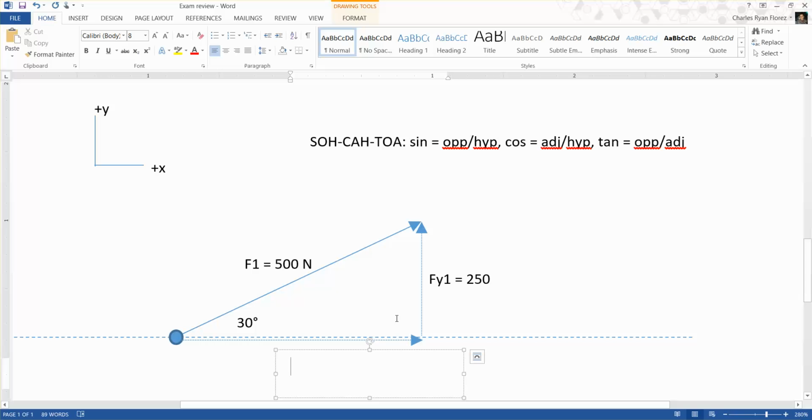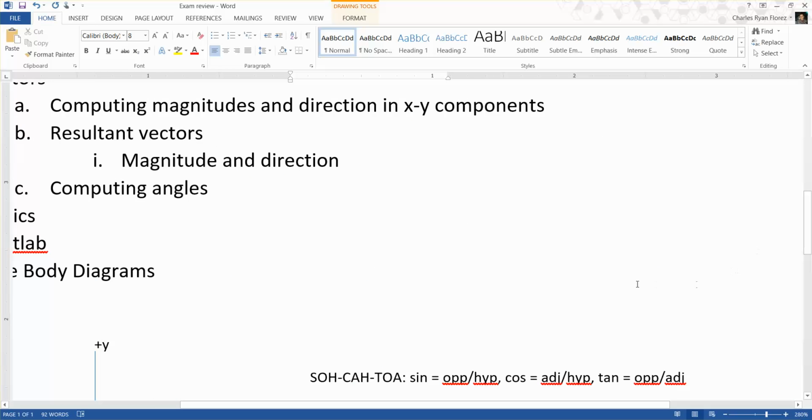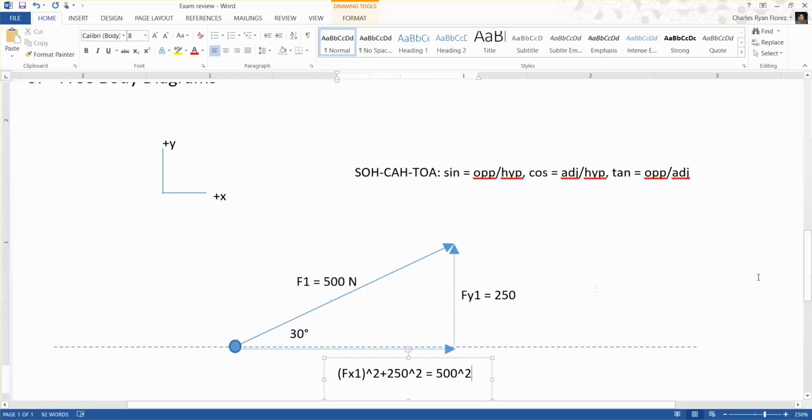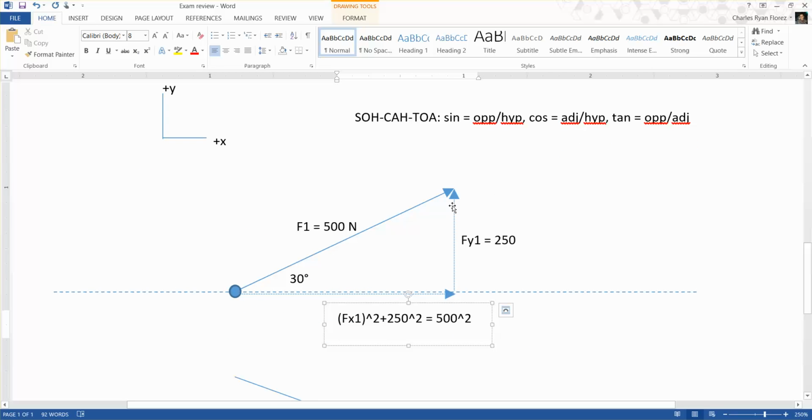So we could do F of x1 squared plus 250 squared is equal to 500 squared. And then we would just solve for F of x1. We can do that because we're treating this as a right triangle. The Pythagorean theorem applies to any right triangle, so we are able to use this.